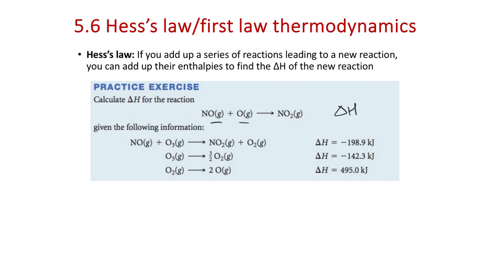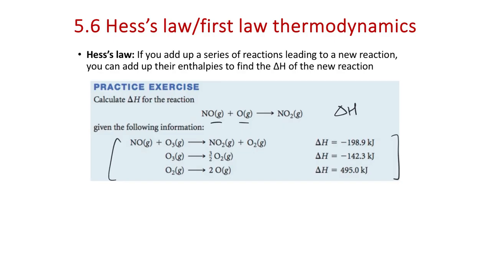So let's say NO plus O goes to NO2. Let's say that's a reaction we want to know the delta H of, but we just can't study it directly in the lab. For whatever reason we can't put that into a calorimeter, but we can study these other reactions. So let's say we have this known information from other experiments. I know NO plus O3, O3 is ozone, goes to NO2 plus O2, and we know the delta H of that reaction is minus 189.9.